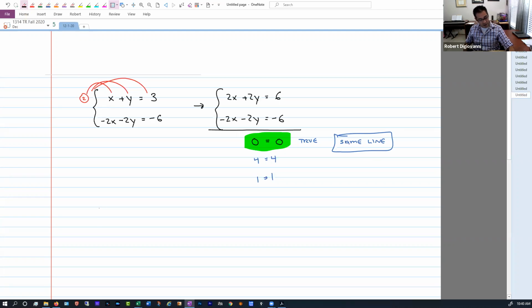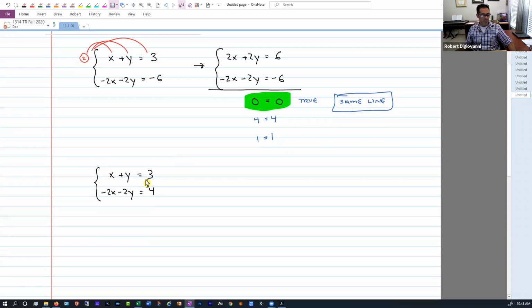Now, let me show you a slight change from this. X plus y equals 3. Negative 2x minus 2y equals 4. Different problem. If we did this, we would try and eliminate the x's. So I'd multiply through by 2.